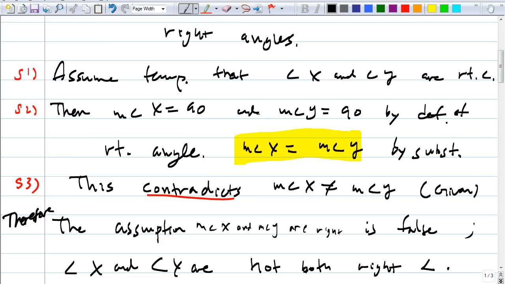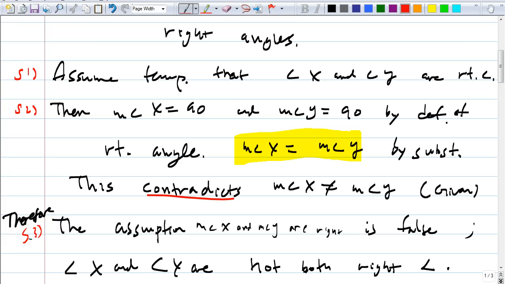Angle x and angle y are not both right angles. Does this make sense? So is that how you write number 3? Step 3 should really start from "therefore." Right down here, right? It's "therefore." Oh, I get it. Okay.